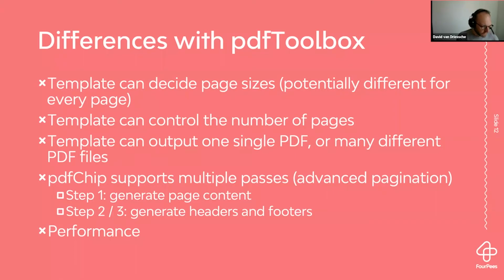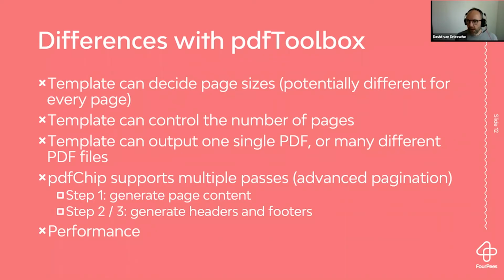And then the last point is performance, and the fact that pdfToolbox is optimized to work with existing PDF files and do things with that. pdfChip is optimized to generate PDF files from scratch. And so when you start looking at larger documents, and this 10,000-page document was a proof of concept for a project where the number of pages would have ranged between 50,000 and 3 million or something like that.